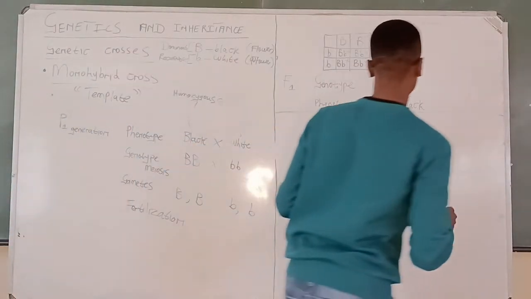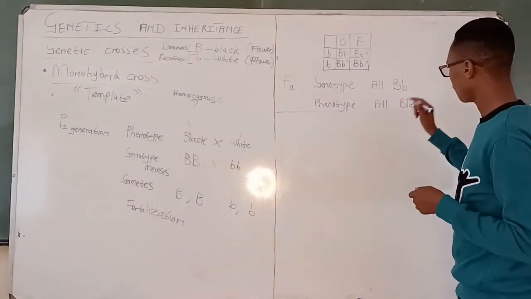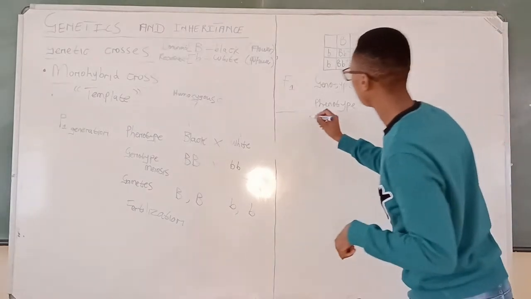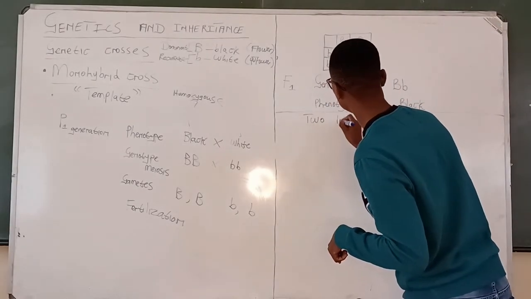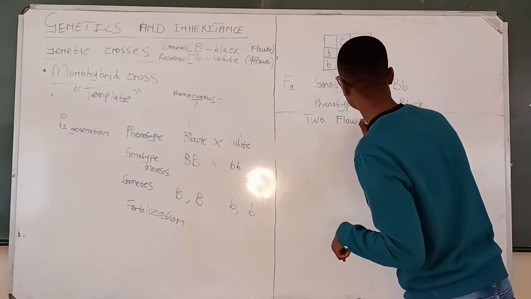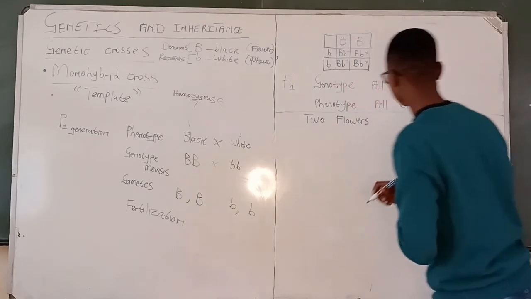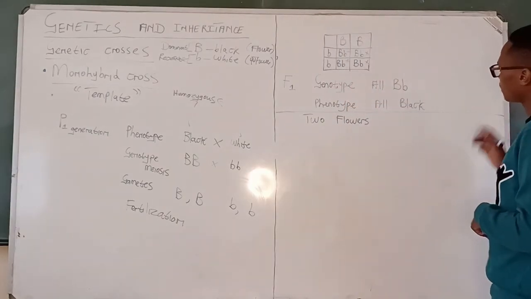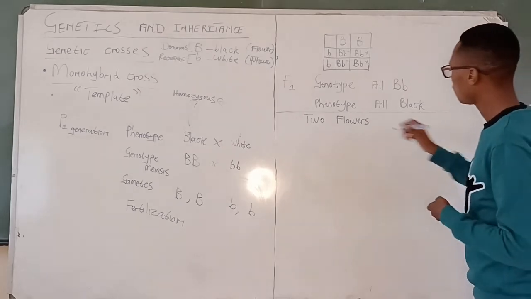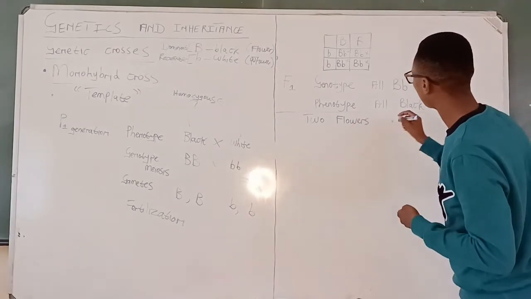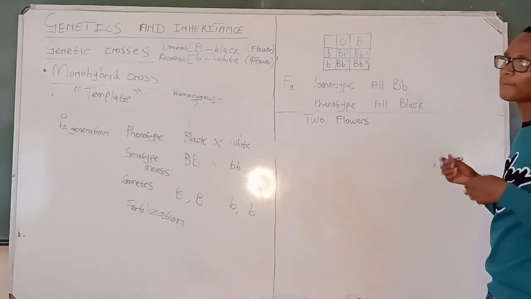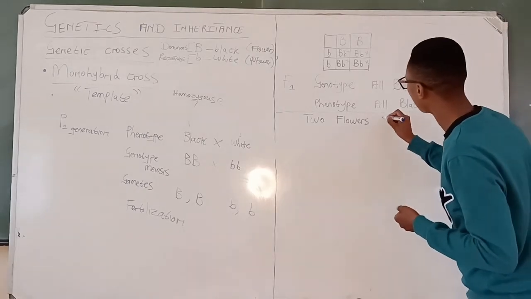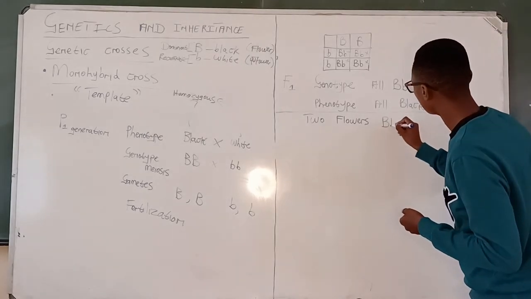Okay, let's say now we have two flowers, and these two flowers, all of them are heterozygous for black color, meaning all of them are black, meaning they have this phenotype.